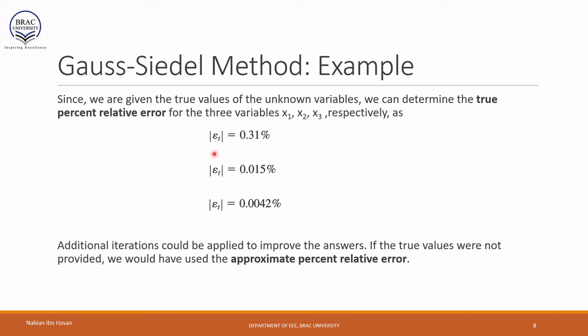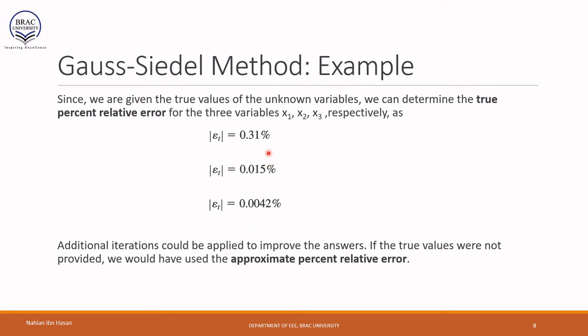This is the true percent relative error. But if we were not given the true values, we would have used epsilon a terms. That means the approximate percent relative errors. So that's the difference. So if we compare with the true values and our determined values from the second iteration, we will get these errors.